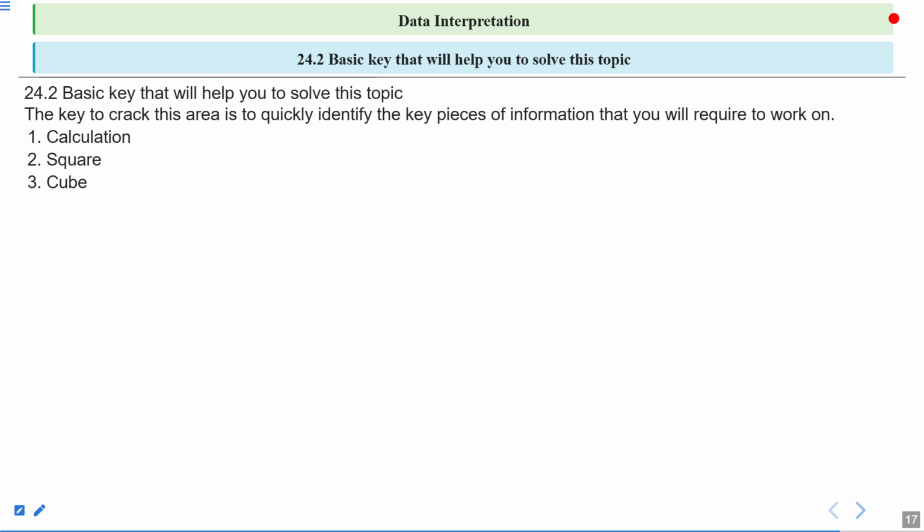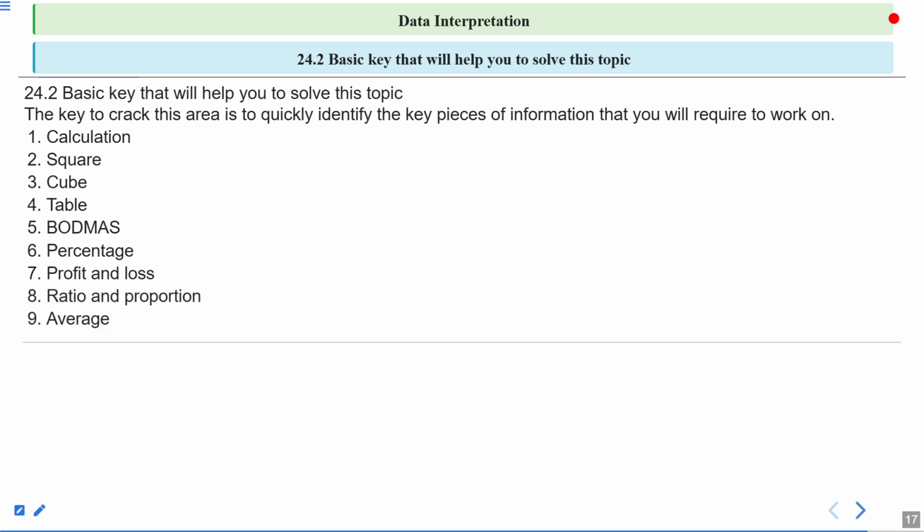Third one is the cube of the numbers. Fourth one is table. Fifth one is BODMAS rules. Sixth one is percentage. Seventh is profit and loss. Eighth is ratio and proportion. Ninth is average. These are the basic most important areas to solve the data interpretation questions.